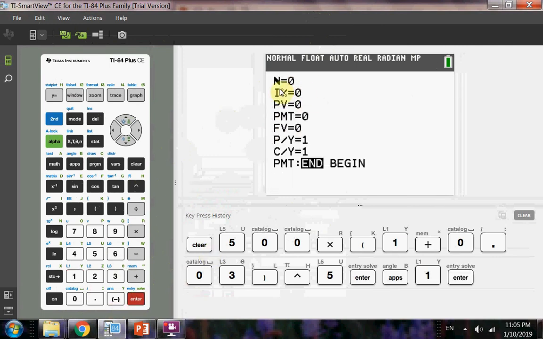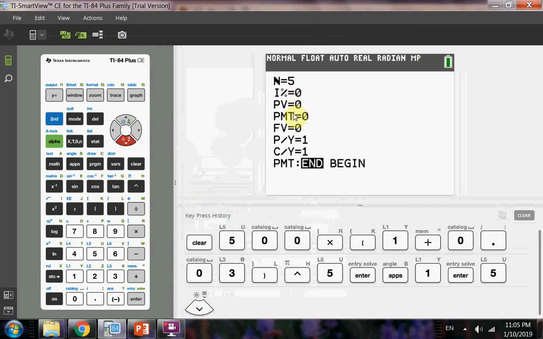Now you get the page to edit all the numbers. Our case is a 5-year investment, so you put a 5, and then for the interest you scroll down, and 3% is your interest. For the present value, it's going to be negative 500. As I said, your calculator recognizes the direction of cash flows.